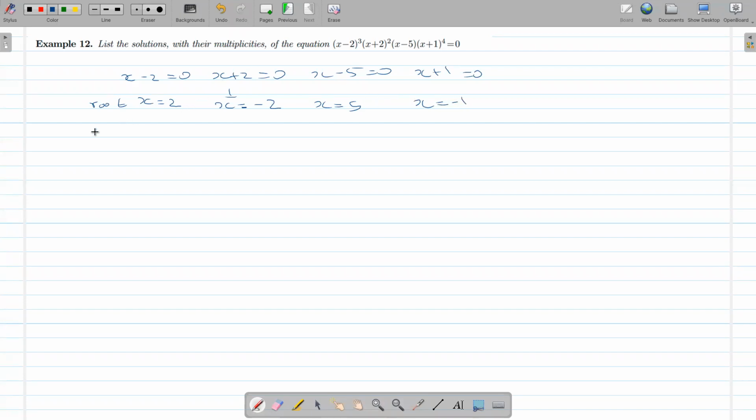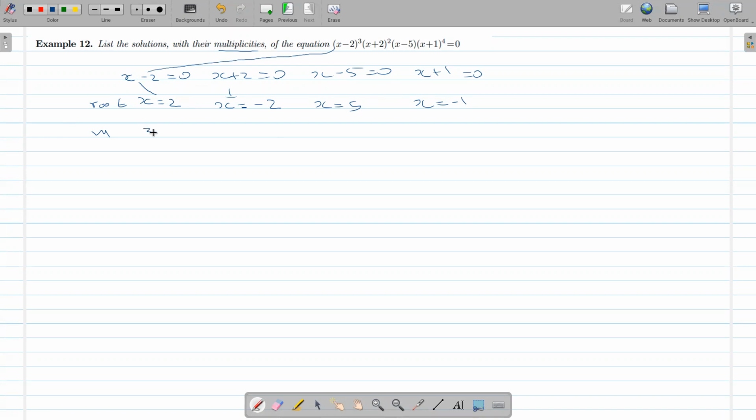Now the multiplicity of each root, these are the roots. These multiplicities are given by the power of the exponent of the factor that gave the root. Okay, so x equals 2, factor is x minus 2, no? And it is repeated 3 times here.